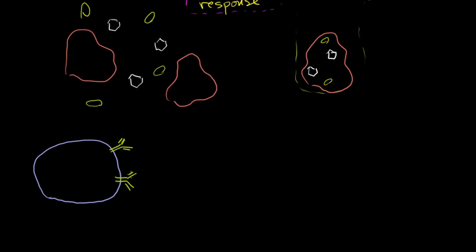They actually have 4 separate proteins on them, and we can call these proteins membrane-bound antibodies. So these right here are membrane-bound antibodies.